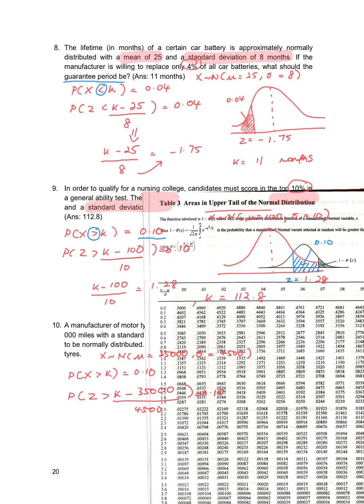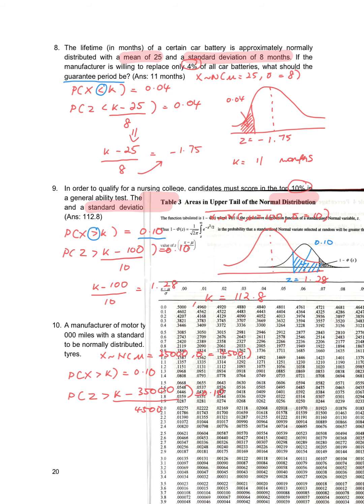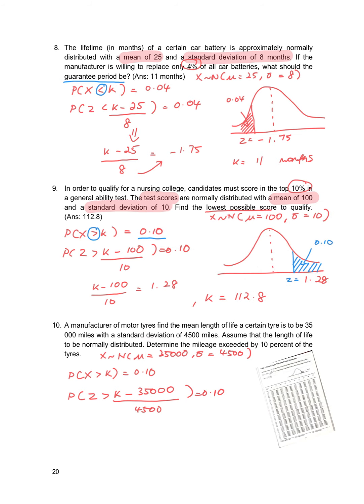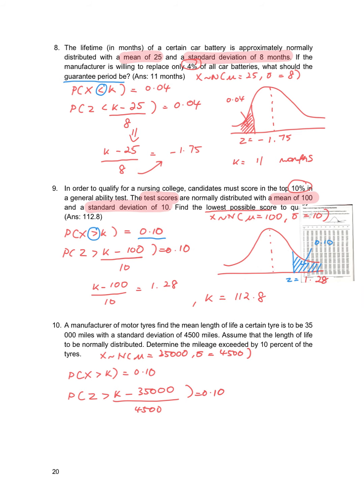What is the Z value? So 0.1 is here. So meaning that the Z is 1.28. So Z equals to 1.28.